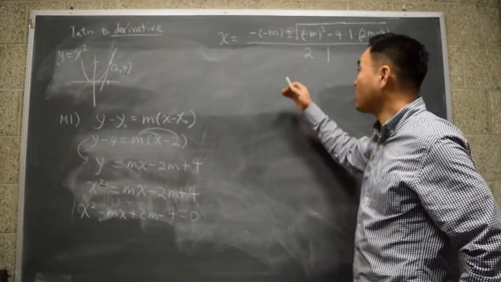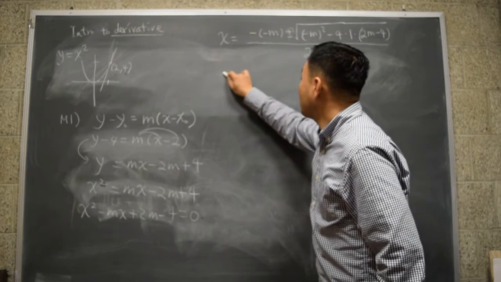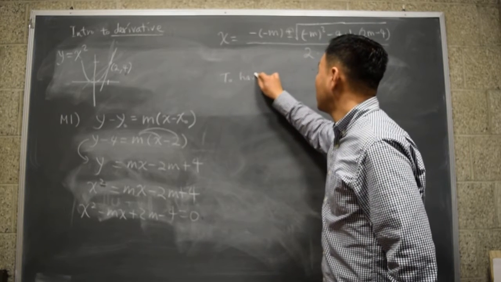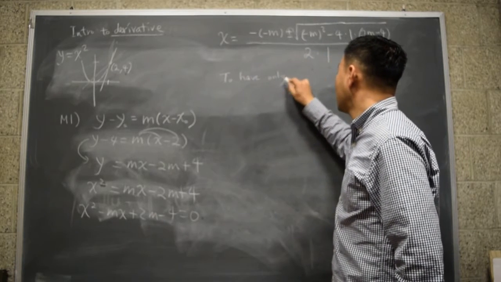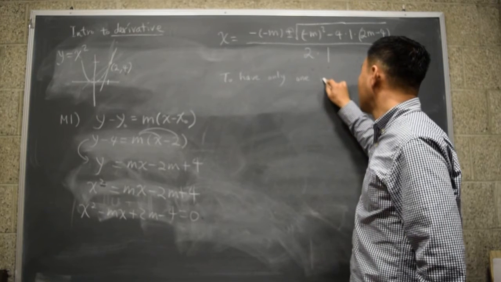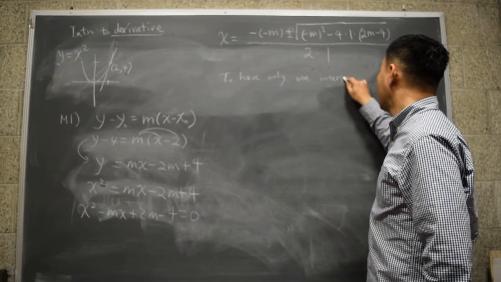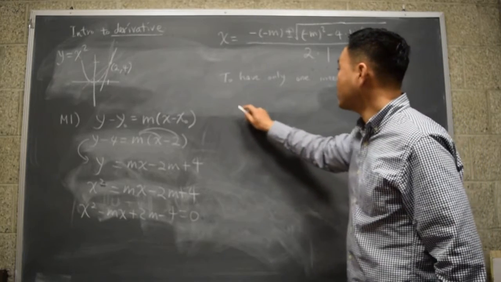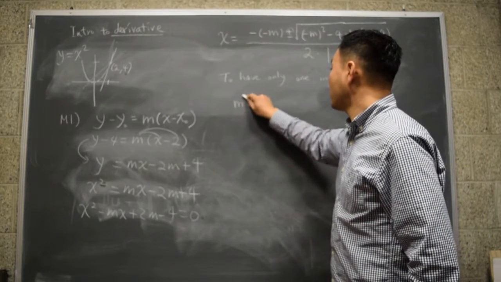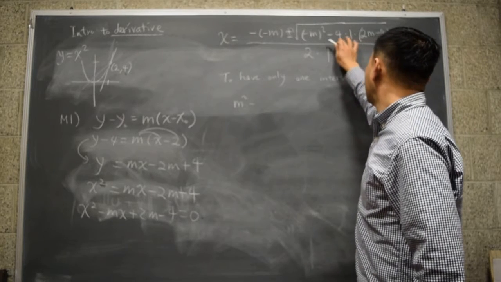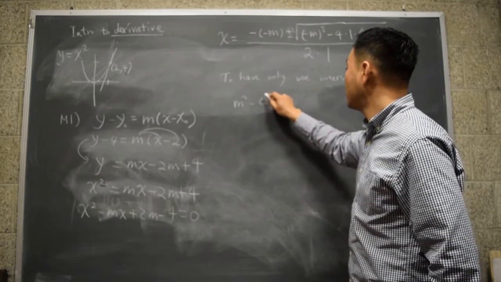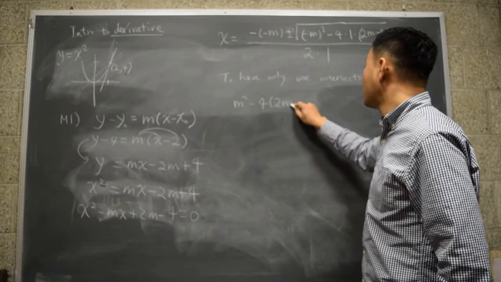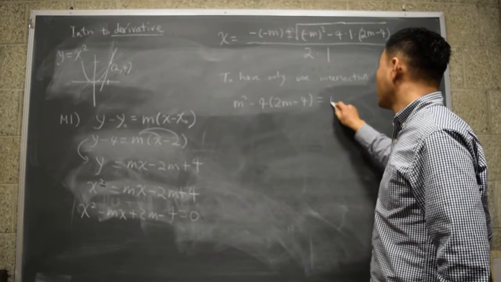That's how it works. So we conclude that to have only one intersection point, this m squared minus 4 times 1 times 2m minus 4 has to be 0.